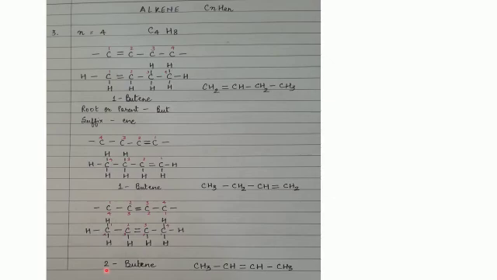So first you will write down this 2, give a small dash, and then the name of the compound, that is butene. CH3, CH double bond CH, and single bond CH3. So we can write it in this form also. So these are the possible structures for butene.